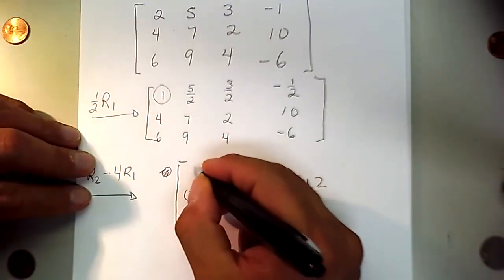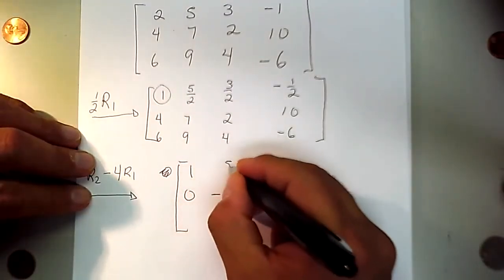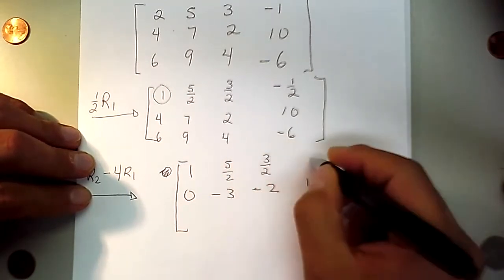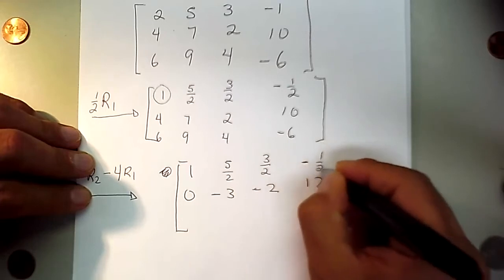Okay, the first row stays as is: 5 over 2, 3 over 2, negative half.